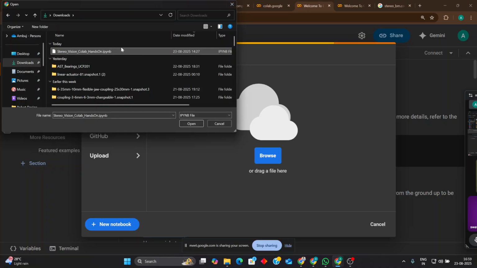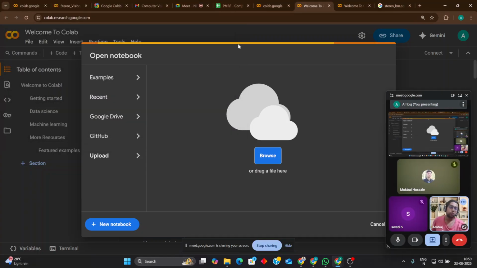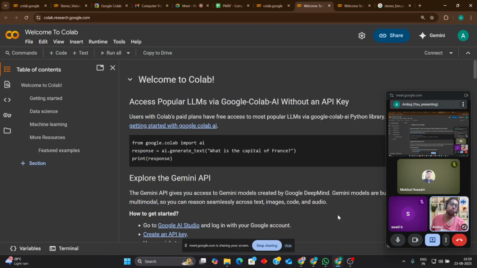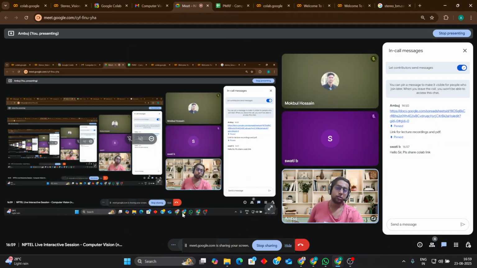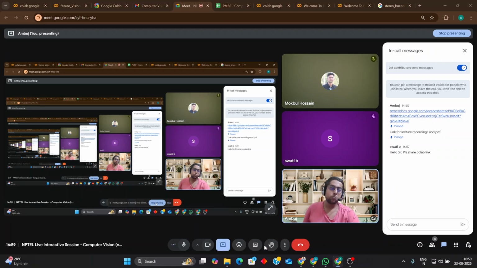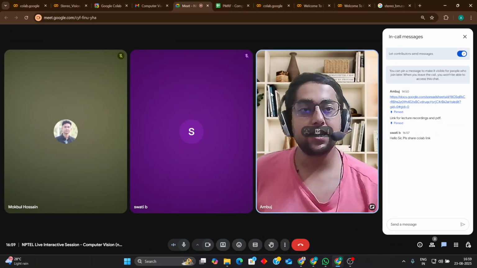I'll provide you both these notebooks, but you have to import those in your notebook environment. Then you will be able to run those, manipulate, research, everything. I hope it is clear. Very simple step.